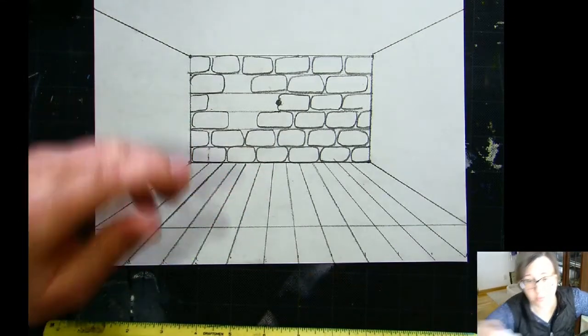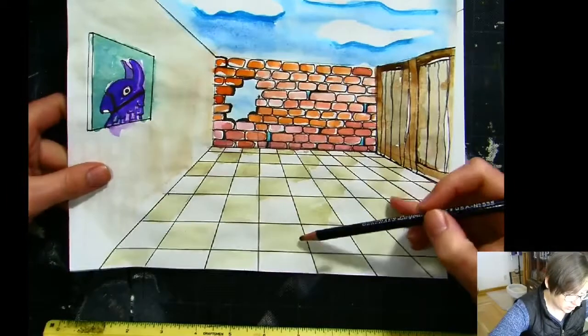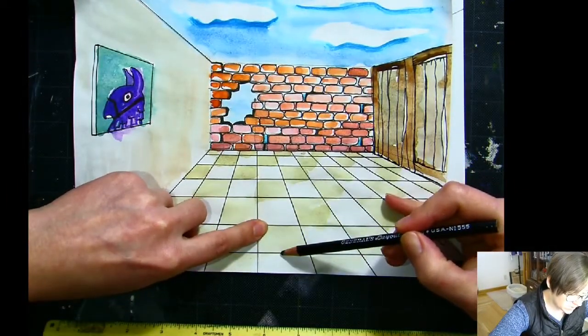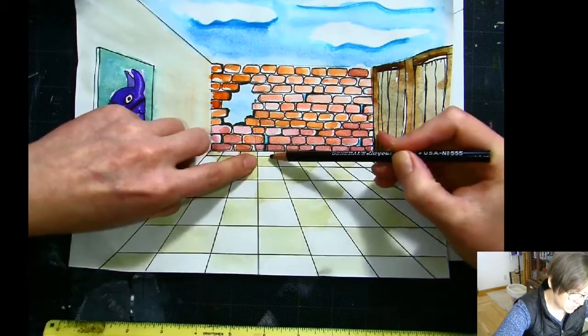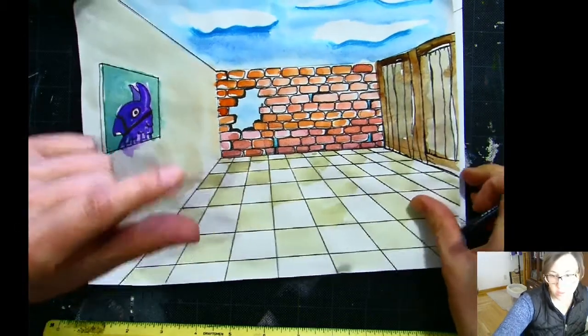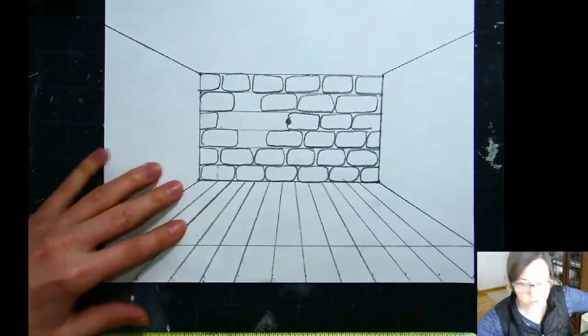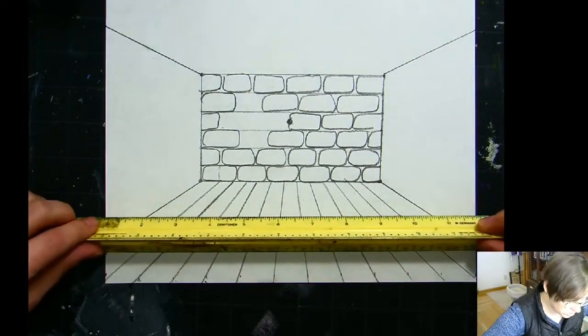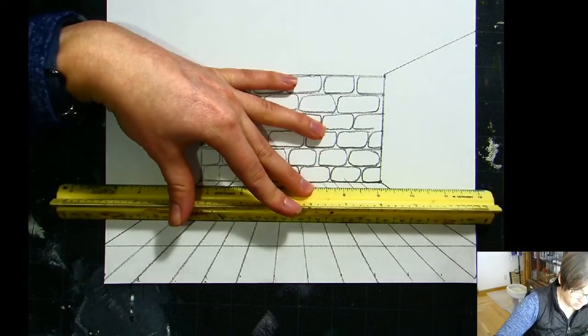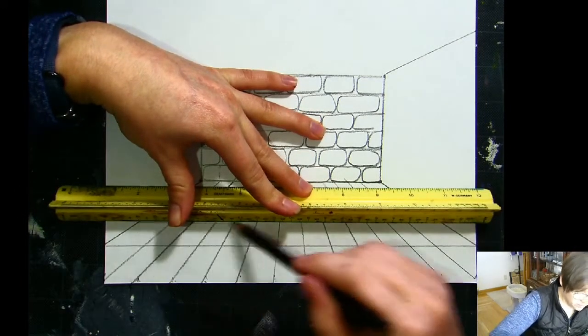For example, when we look at this picture, look how wide the space between this line and this line is, and compare it to this line and this line. They get closer together as they move further away so that they appear smaller. So I want to make sure that my next one is just a little bit smaller.